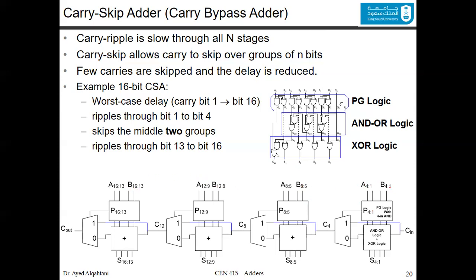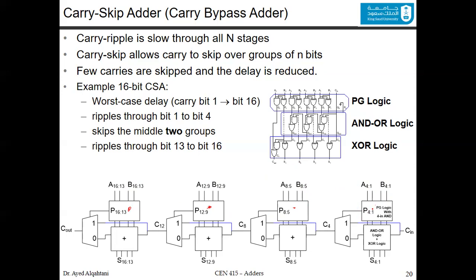So bits 1, 2, 3, and 4 are here. So there are 4 bits. 5, 6, 7, and 8 are here. This is 4 bits. 9, 10, 11, and 12, 4 bits here. And 13, 14, 15, 16, 4 bits right there.